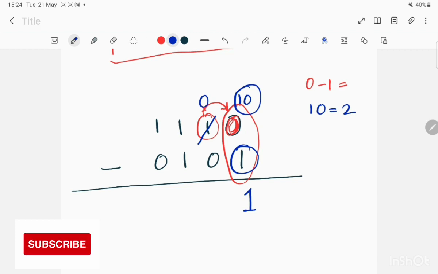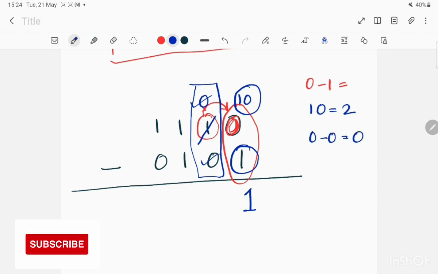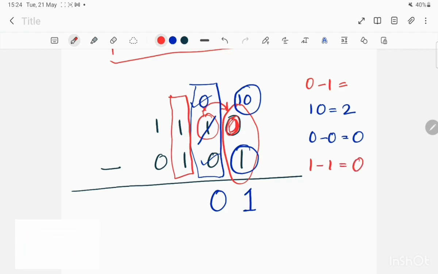Now the next stage is to look at this column. This is 0 minus 0, which is 0. Now the next column is 1 minus 1, which is basically 0.